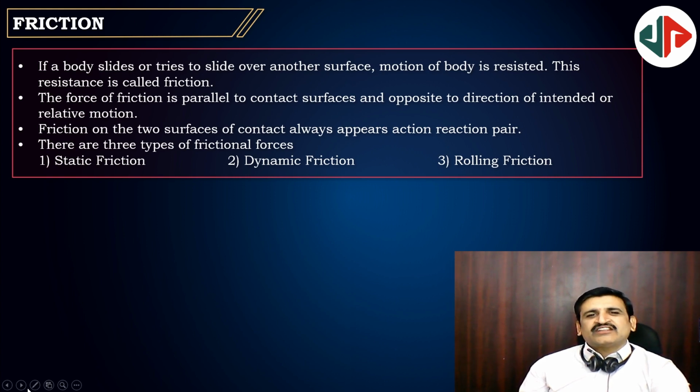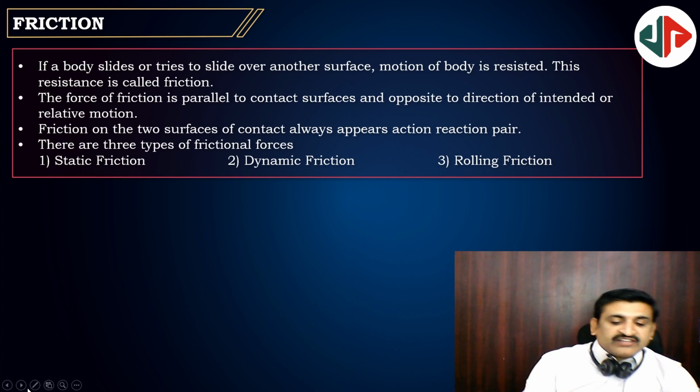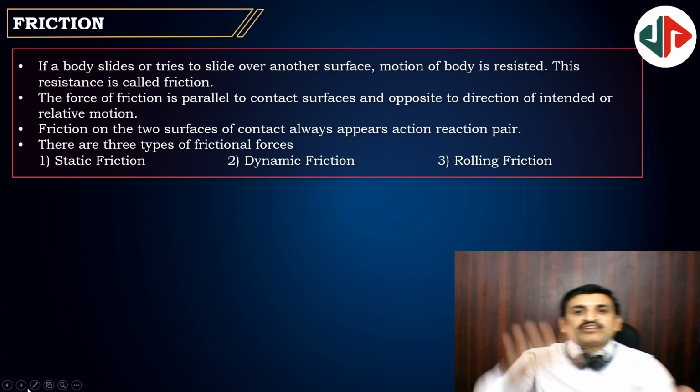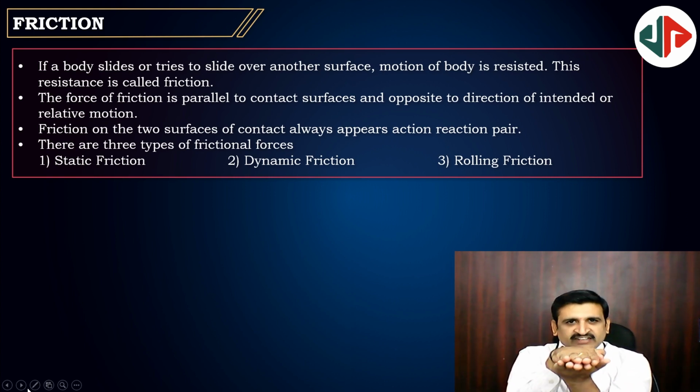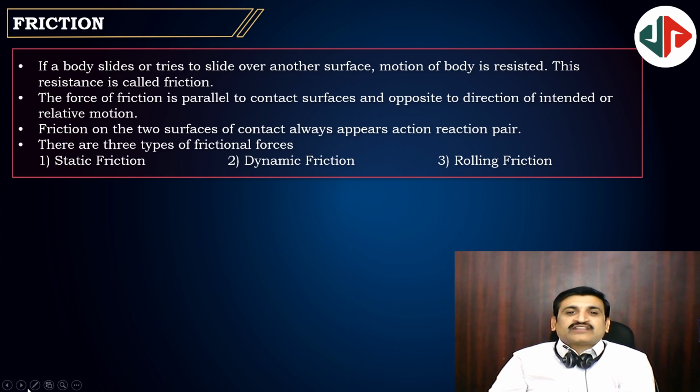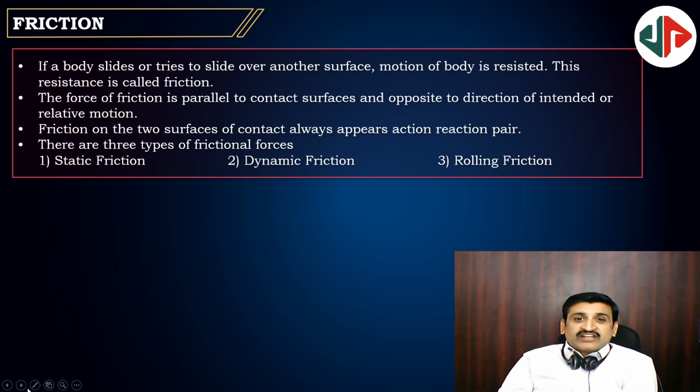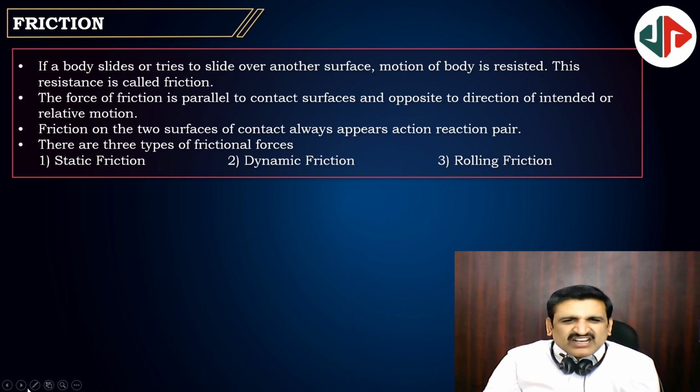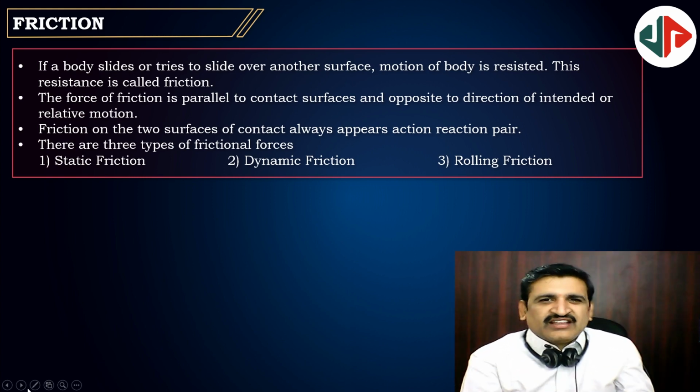Exactly like this. At the time of static friction, what you have to think is whenever two surfaces are just in contact, there is no friction. Whenever bodies try to move relative to one another while in contact, then only friction comes to act. Sir came into the class and you won't refuse. Suppose sir forces you to study, then you will refuse. This sir is always asking us to study, right?